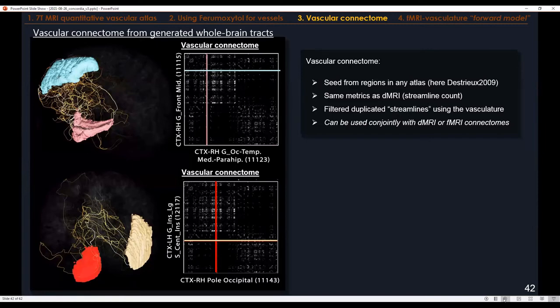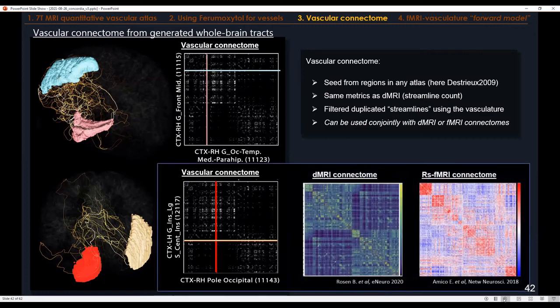This basically means isolating the tracks that connect distal regions. We can also run this algorithm by launching the seeds from a region here, and you will get the same kind of vascular connectome. So here we're able to provide this first connectome, and we will be able to make a comparison with the dMRI connectome or fMRI connectome.